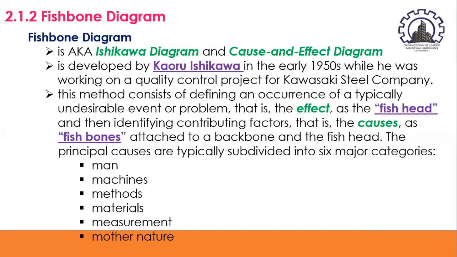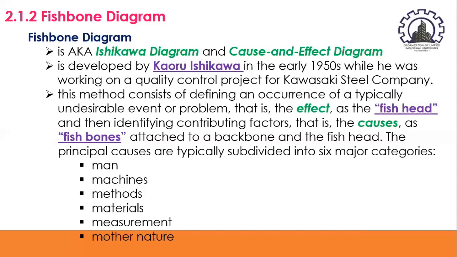And this method consists of defining an occurrence of a typically undesirable event or problem, that is the effect, which refers to our fish head. And then identifying contributing factors, that is the causes, as fish bones attached to a backbone and the fish head.